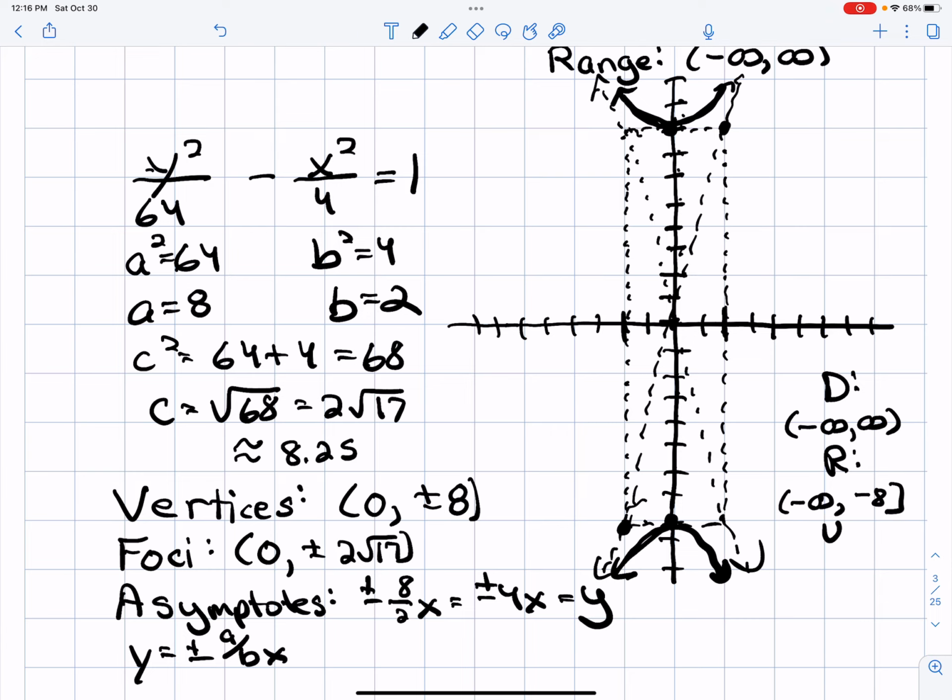Union, and then it picks up again at +8 and goes up to infinity. So there's your domain and range. And your foci, around 8.25, so 2, 4, 6, 8. So really close to those vertices. My pen's so thick I can't even quite differentiate between a vertex and where my foci would go, but pretty close.